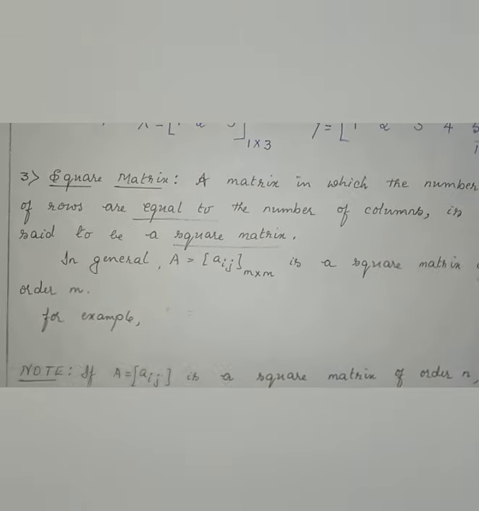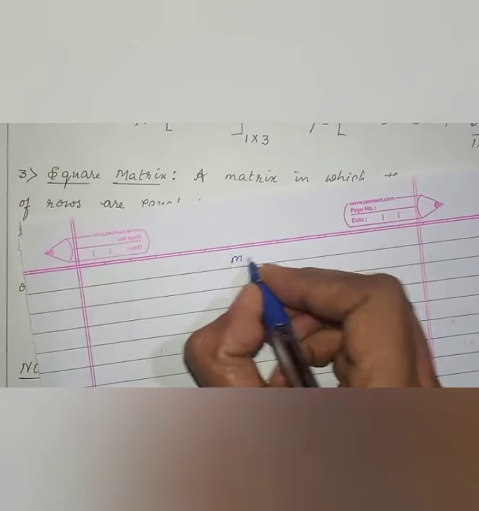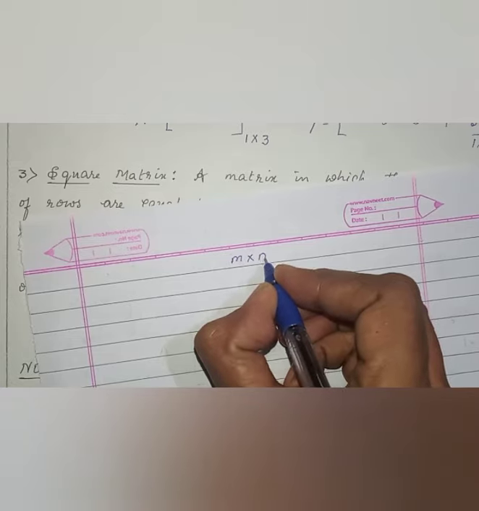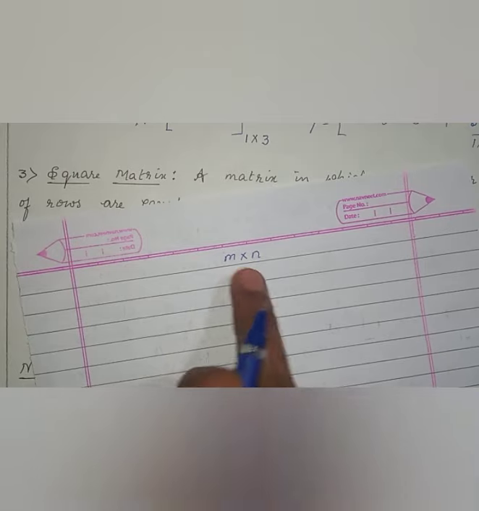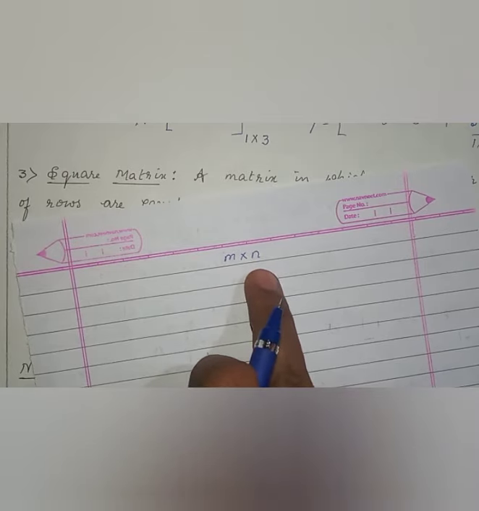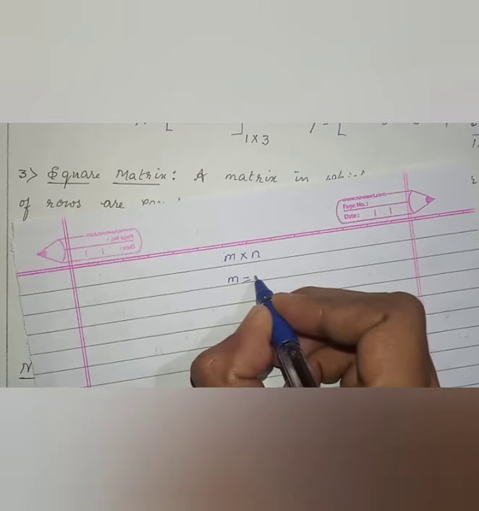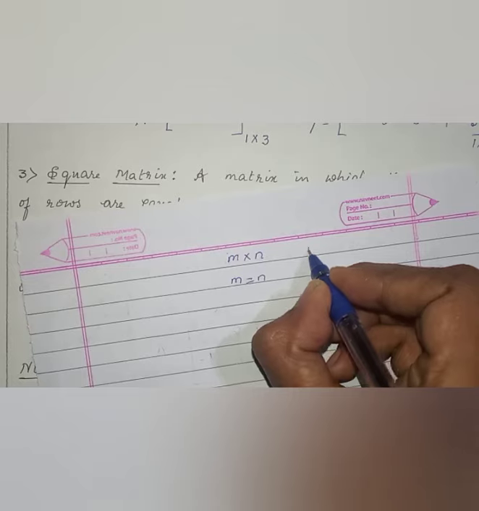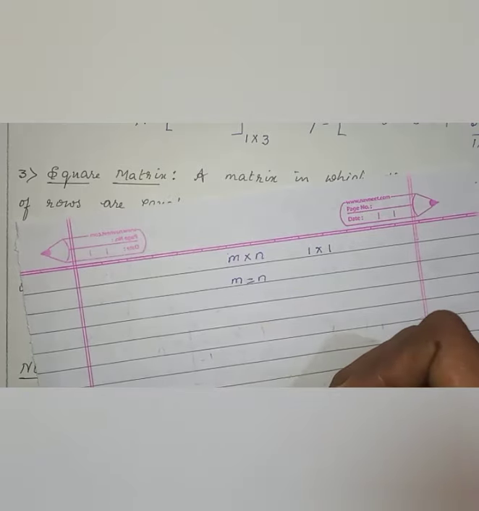That means if there is a matrix, usually we write the order of the matrix as m by n. m denotes the number of rows and n denotes the number of columns. If m is equal to n, that means if m is equal to 1, the order is 1 by 1.